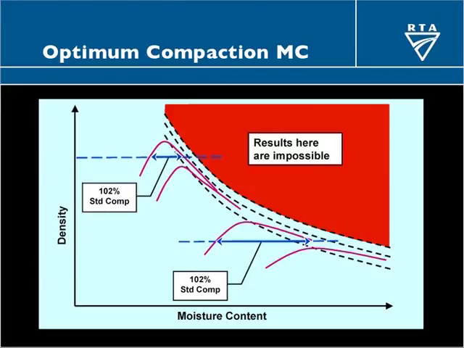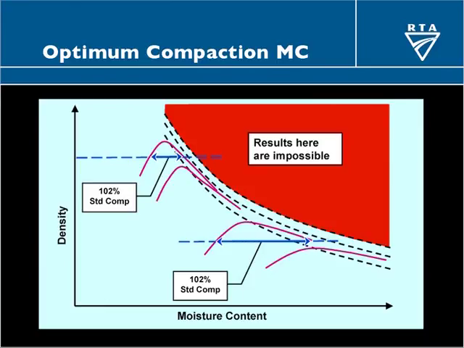It means that we're going to have to apply something like modified compaction, just for argument's sake, so a bit of effort. And if we look at the specified limit, it seems we have there a range of moisture contents using that effort which will give us the required level of compaction. Okay, not so bad so far.